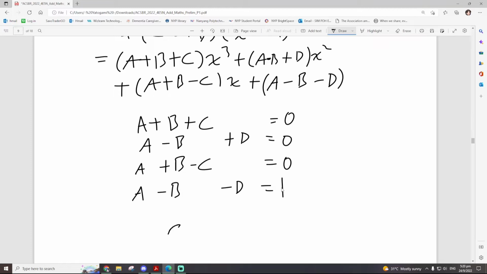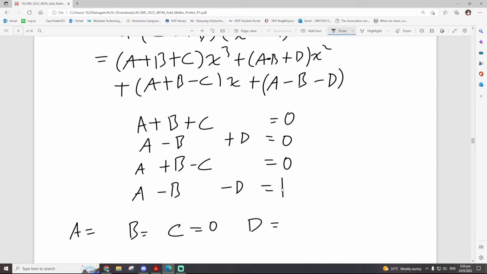I think immediately we will see that c is 0. What is a and b? And what is d? Okay, let's see. If I add equations 2 and 4, I'll get 2a minus 2b equals 1.